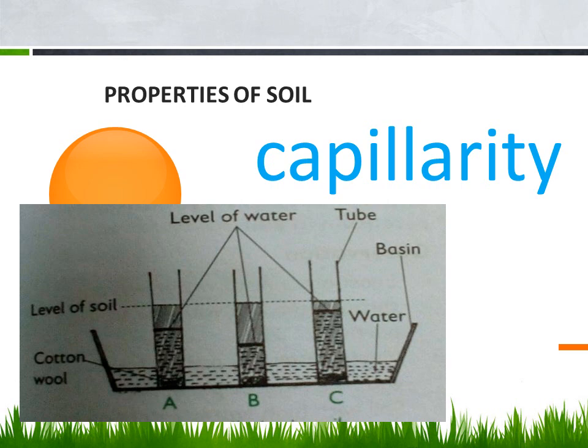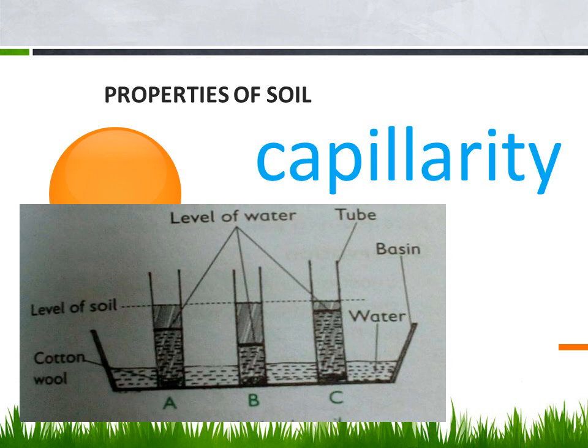For us to find out how capillarity works, we need 3 test tubes. We need 3 types of soil samples, that is clay soil, loam soil, and sand soil. We need cotton wool, we need water, and we need a basin.